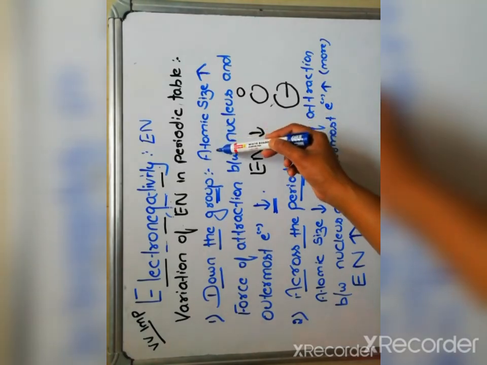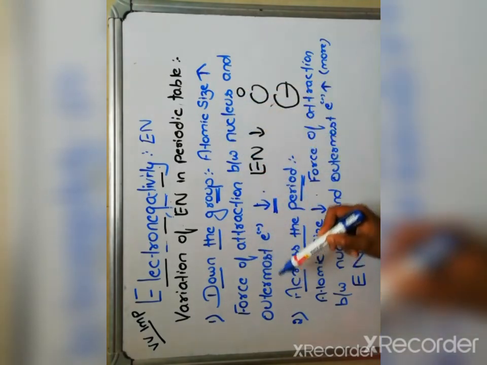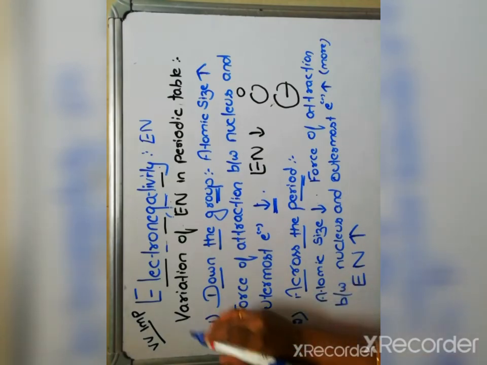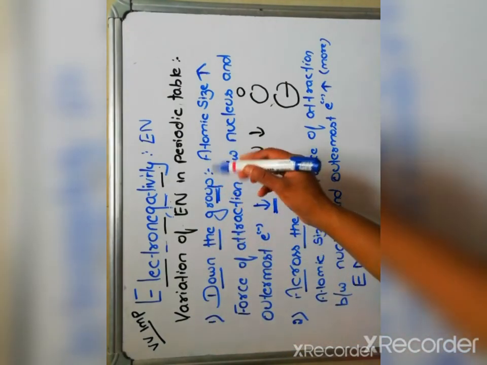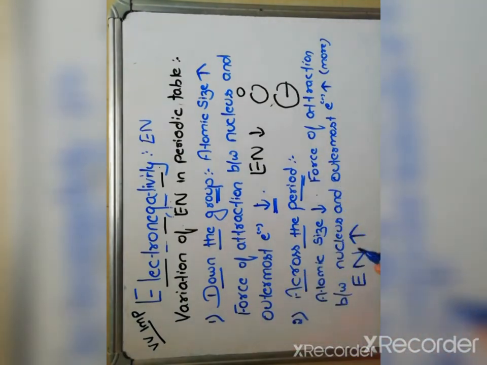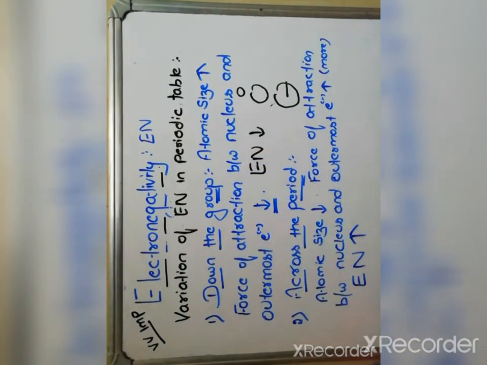The reason is the same: the atomic size increases and the force of attraction between the nucleus and the outermost electron decreases. So for all three, the variation has common points. Across the period also we explain in the same way with the atomic size and the force of attraction.